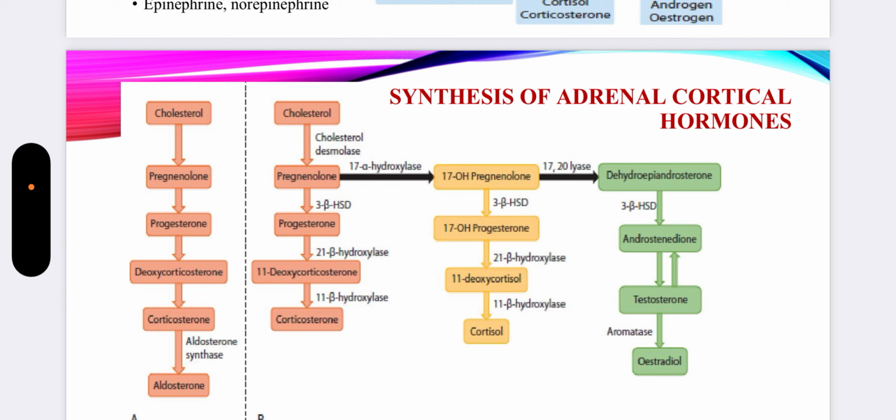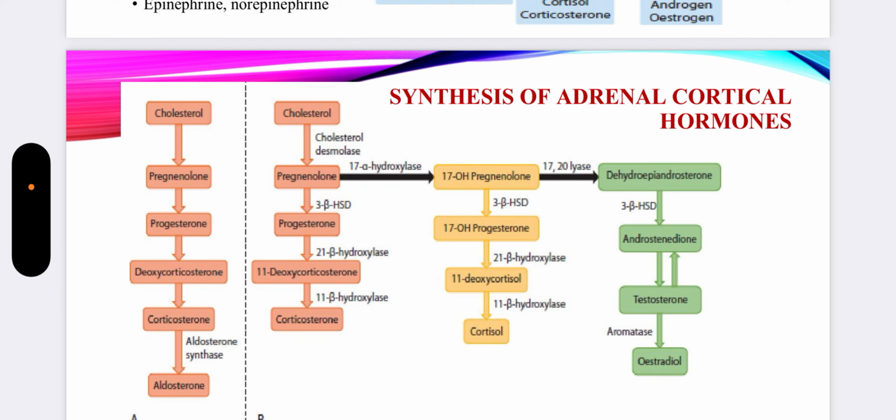Now coming to the synthesis of sex hormones, the substrate 17-hydroxypregnenolone is acted upon by the 17-20 lyase activity of 17-alpha hydroxylase enzyme to form dehydroepiandrosterone. Then 3-beta hydroxysteroid dehydrogenase acts upon dehydroepiandrosterone to form androstenedione, which is further converted to testosterone.